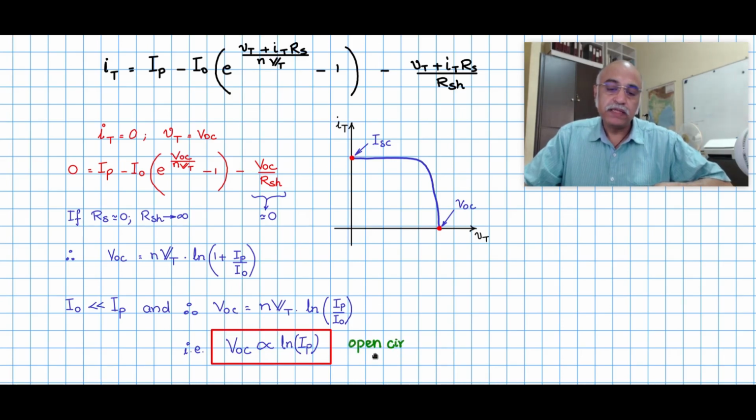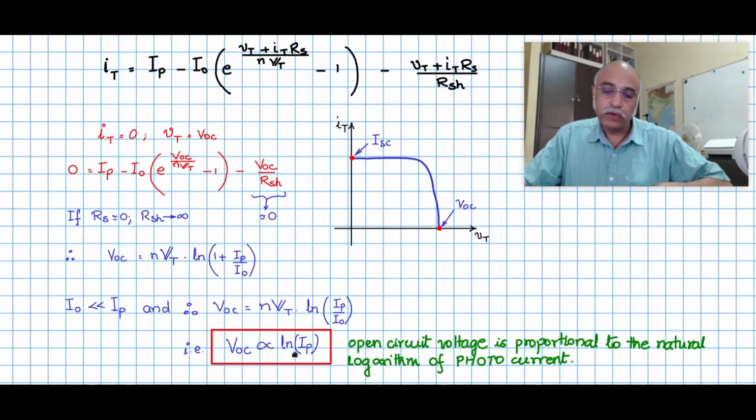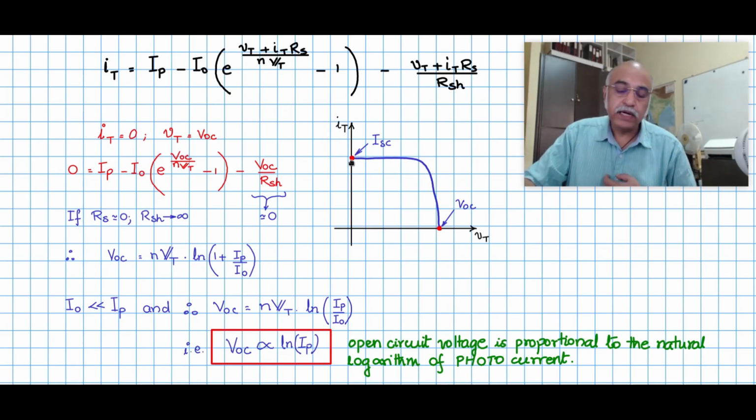So this is the takeaway in this case, where the open circuit voltage is proportional to the natural logarithm of the photocurrent IP, whereas in the case of the other operating point, the short circuit operating point, we saw that the terminal current is equal to the short circuit current, and the short circuit current is proportional to the photocurrent, whereas the voltage is proportional to the natural logarithm of the photocurrent. So this is the major difference and the major takeaway here.